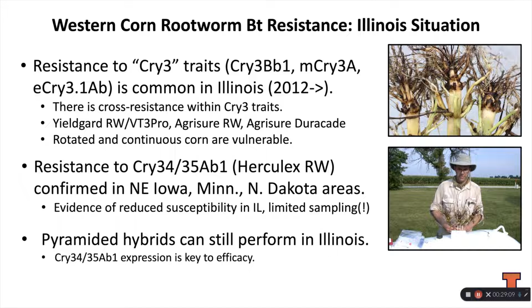There is resistance to the Cry34/35Ab1 trait around the Corn Belt, and we see evidence of reduced susceptibility also in Illinois, although we have limited sampling only in the eastern part of the state so far. We do know that pyramided hybrids can still perform quite well in Illinois. The key to a pyramid performing well, though, is that it expresses a Cry34/35 trait, which is the only mode of action that still has good efficacy in Illinois.